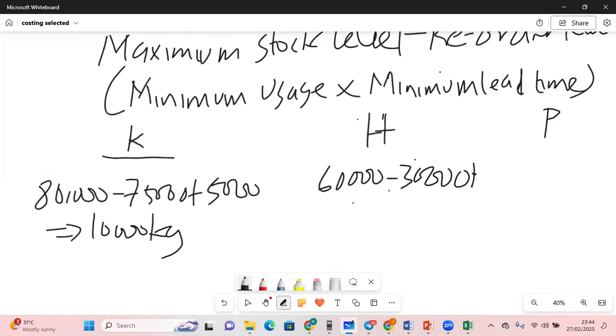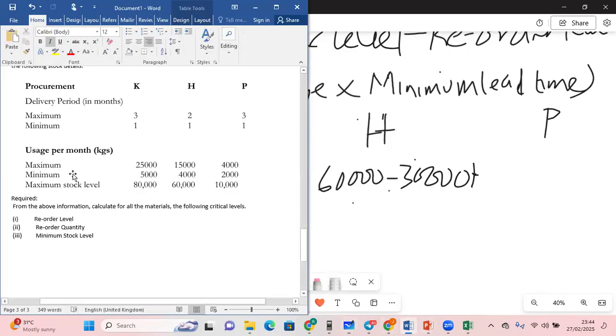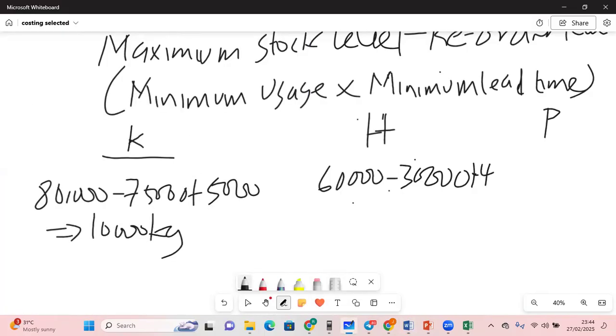And then our minimum usage times our minimum lead time. Our minimum usage is 4,000. Our minimum lead time is what? 1. So it's the same 4,000. And we are going to get 34,000 each.